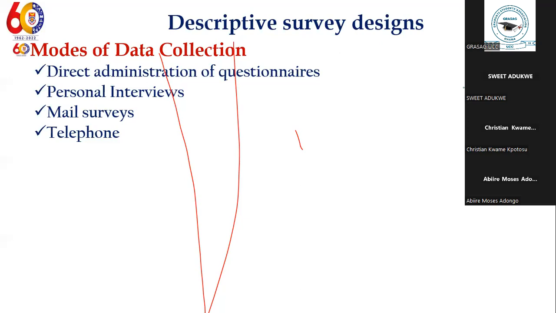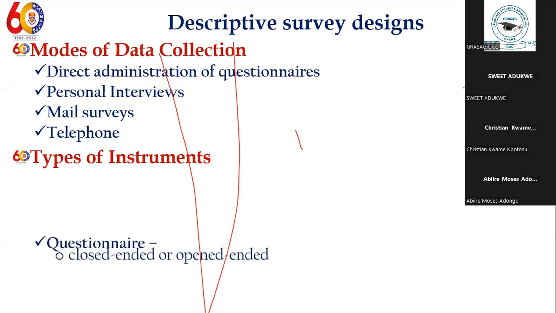Sometimes it depends on how you are going to analyze this information that shows either you are doing a quantitative or qualitative study. Then what are some of the types of instruments, looking at the modes of data collection, what are some of the types of instruments we use to collect data when it comes to quantitative, when it comes to descriptive research designs? The first one is the questionnaire.